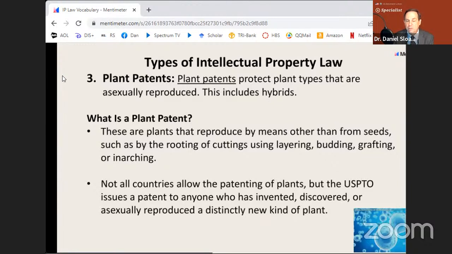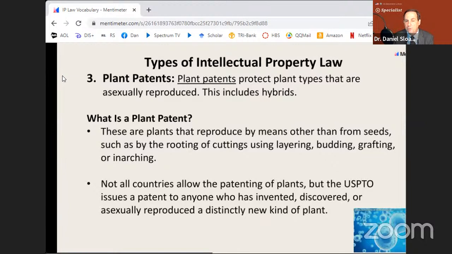So there are different ways of producing plants other than normal sexual reproduction. In asexual production, we have grafting, layering, and budding, buds on a plant. Grafting is when you chop a plant and attach it to another. Inarching is to put it into another plant as well.